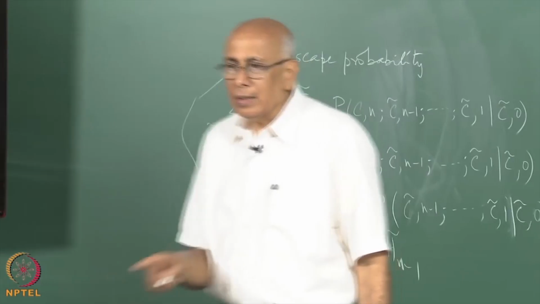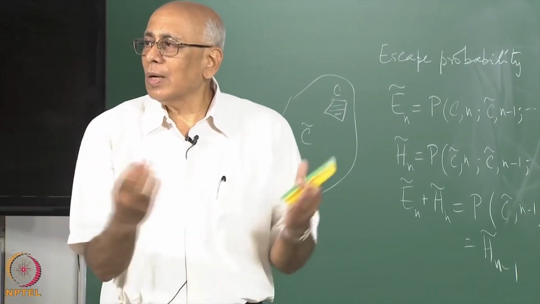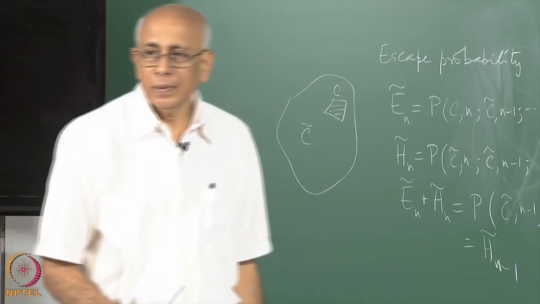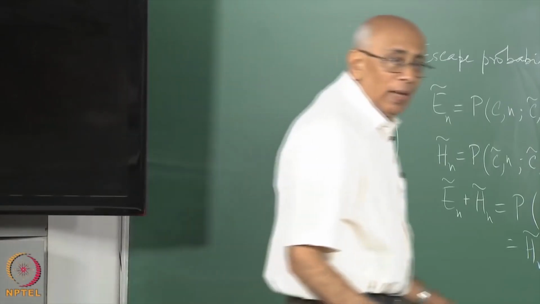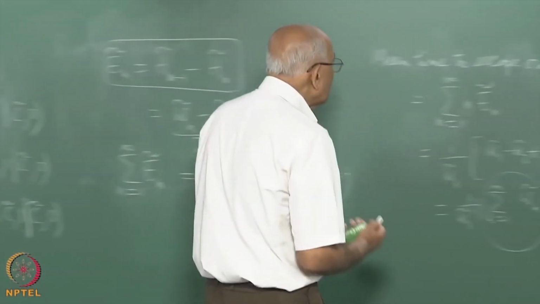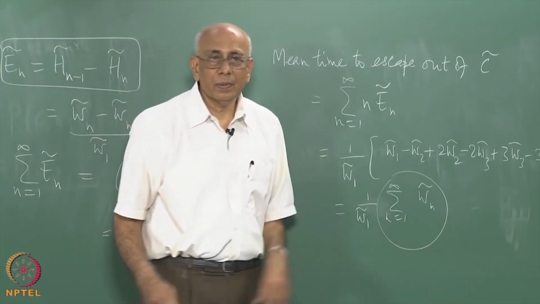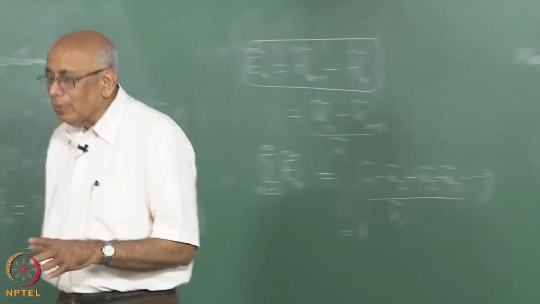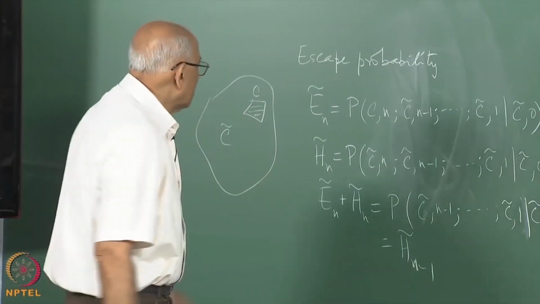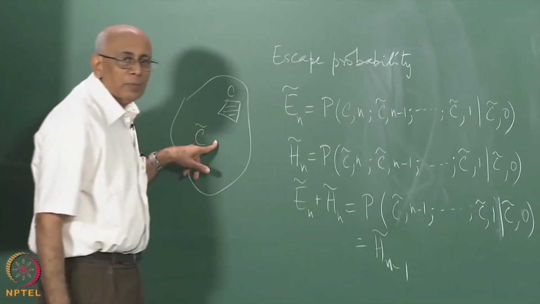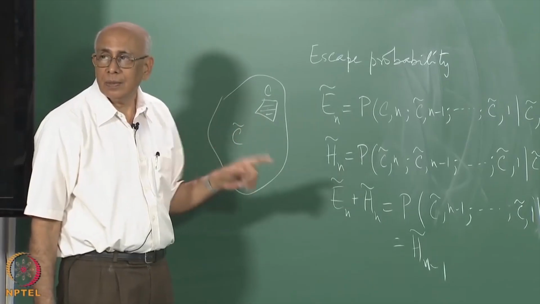So the sequence decreases, but if it goes like, for instance, 1 over n, then this is going to diverge logarithmically. As you know, the harmonic series is infinite. Okay. So we have no guarantee at all, and therefore the mean escape time might still be infinite. Okay. So I want you to carefully note this, because it is going to lead to a very interesting result. If you start in this place, by the way, the C tilde could have been any one cell, you would get similar results always.